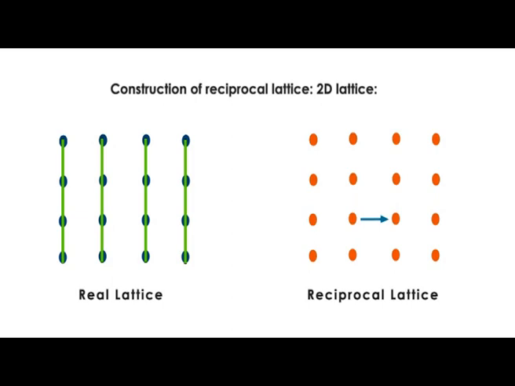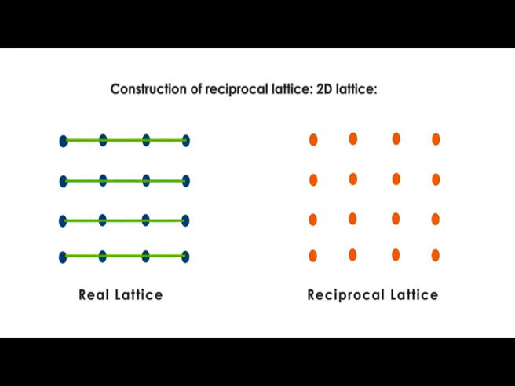Now the question is, can we think of more sets of parallel planes in the real lattice? There falls another set of parallel planes. So, what is the reciprocal lattice for them? It will be a different reciprocal lattice vector, as seen in the figure, and we can think of more such sets of parallel planes in the real lattice.